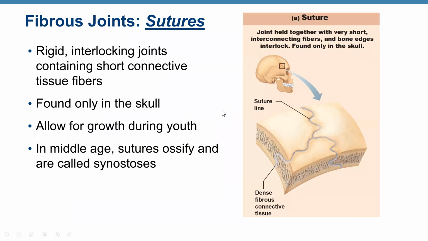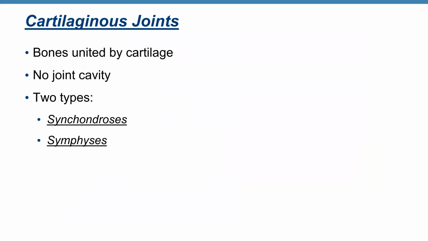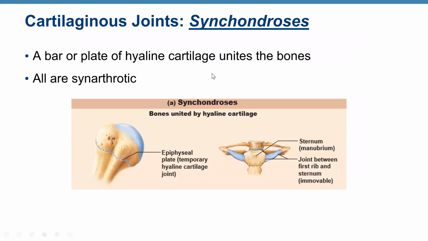Okay, now we're going to move to cartilaginous joints. Bones united by cartilage, no joint cavity, and two types, synchondrosis and symphysis. Now, synchondrosis is a bar or a plate of hyaline cartilage that unites the bones. They are synarthrotic joints, so no movement.